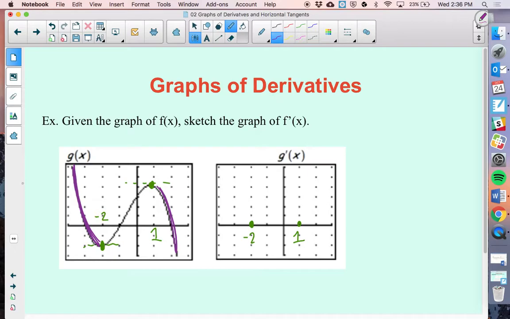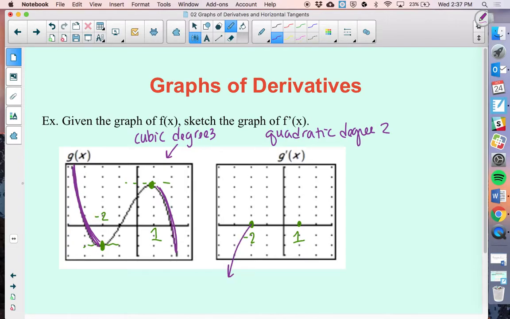This is a degree 3, curves plus 1, degree 3. So that must mean my g prime of x is degree 2. So this is going to look like a quadratic. So this is a cubic, degree 3, and this must be a quadratic, degree 2. I know that because curves plus 1 tells me degree 3, and I know this has to go down 1 degree.